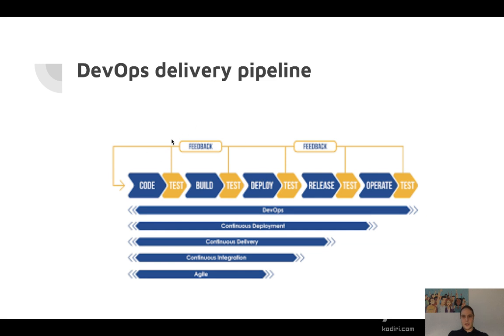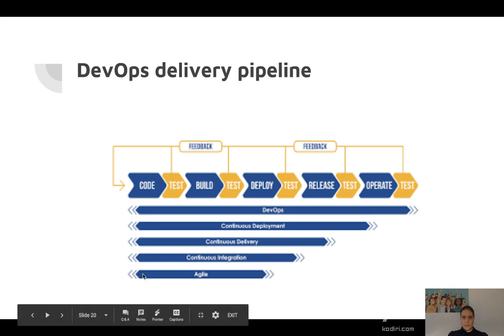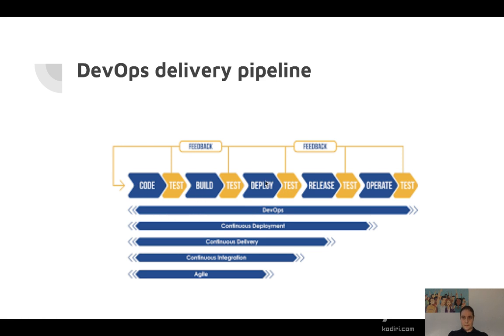So at each stage there's a feedback which can go into the next coding. So Agile would go this far, and DevOps allows feedback to come back from here as well, from the operations.